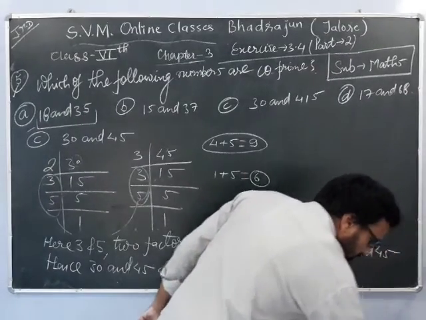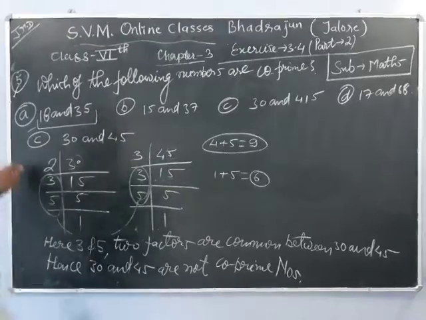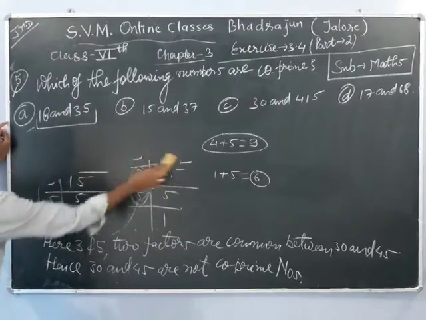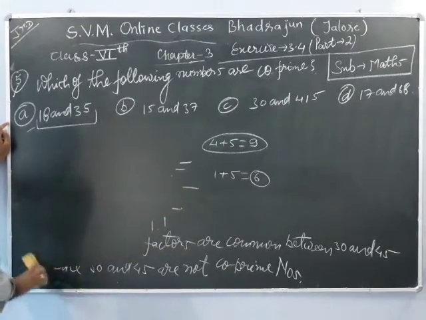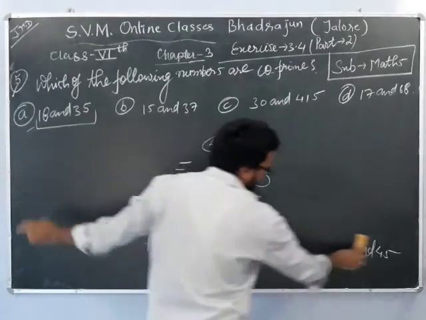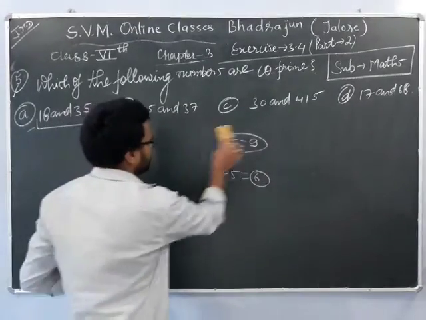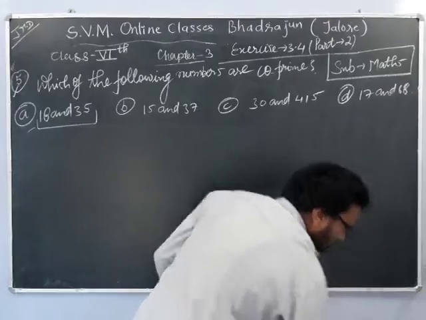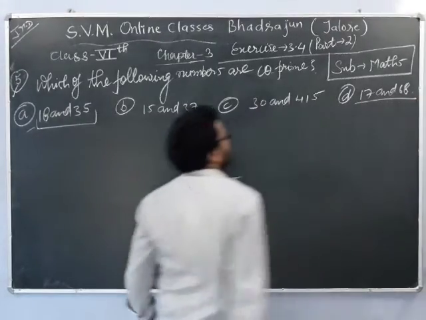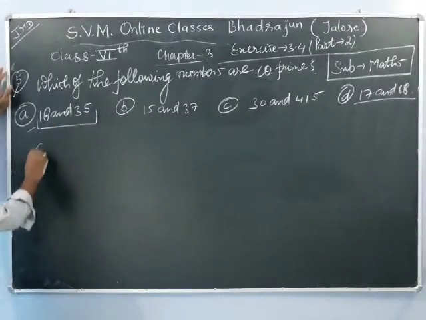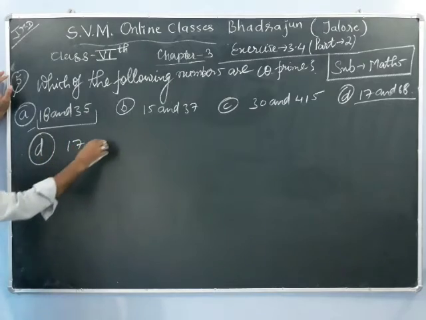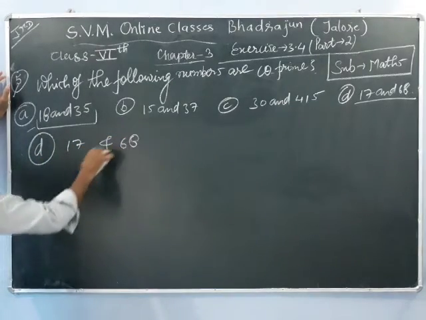Okay, here our part D is 17 and 68. Part D, first number is 17 and second number is 68.